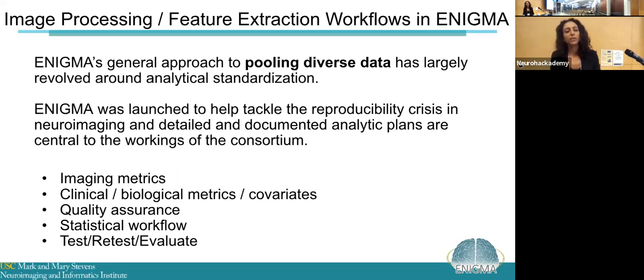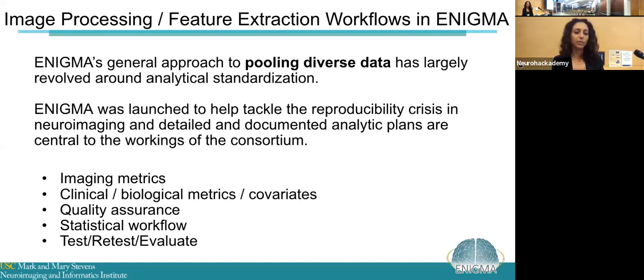So in terms of the image processing and feature extraction workflows, a lot of the general approach has been around analytical standardization. ENIGMA was launched to tackle the reproducibility crisis in neuroimaging, and therefore there's a lot of detailed documentation of the protocols and the analytic plans, and that all becomes central to how this consortium works.